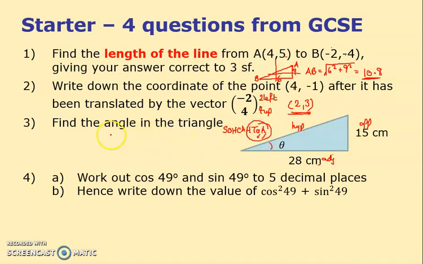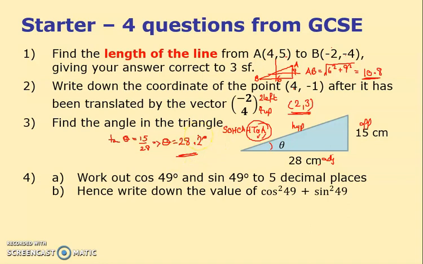So I should really be doing tan theta equals 15 over 28. Make sure your calculator's in degrees. I don't think mine is actually. Shift setup, angle, and then degree, number 1. So I do the inverse tan of 15 divided by 28, and I get theta equals 28.2 degrees to 3 significant figures.